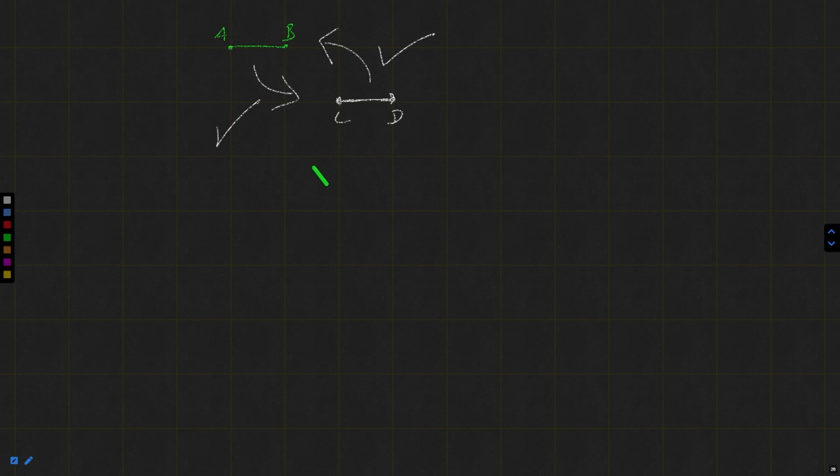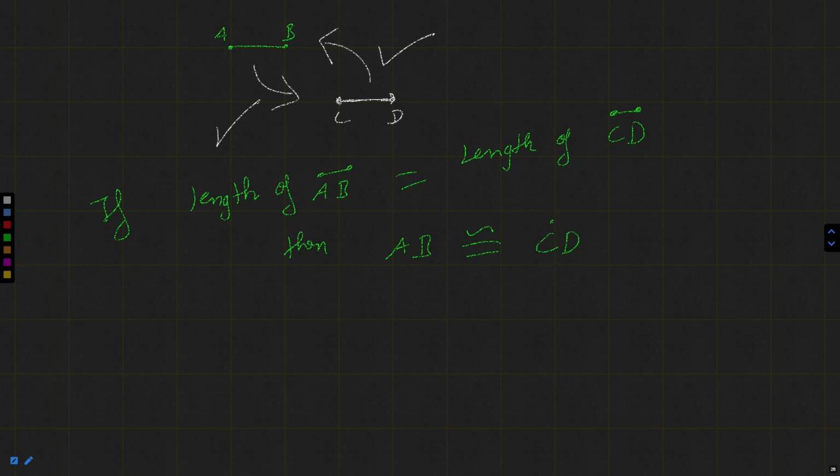So we saw that if the length of AB is equal to the length of the CD line segment, then AB is congruent to CD. Okay, so always remember this.